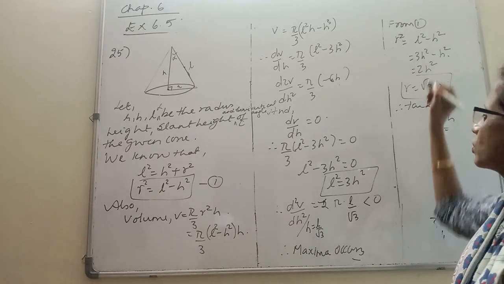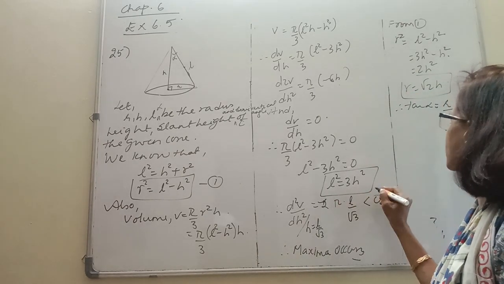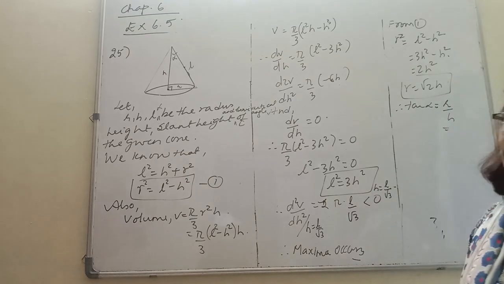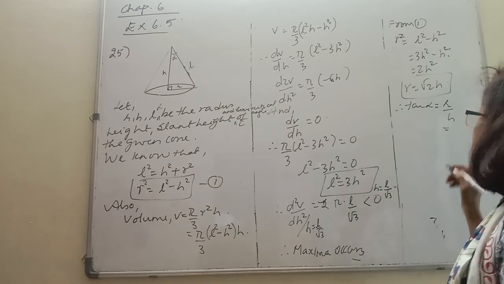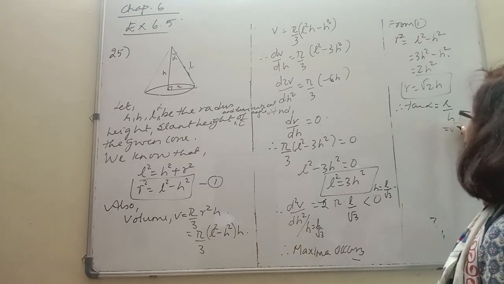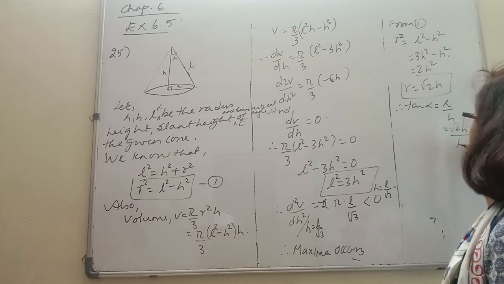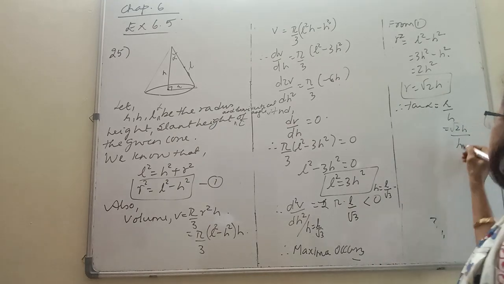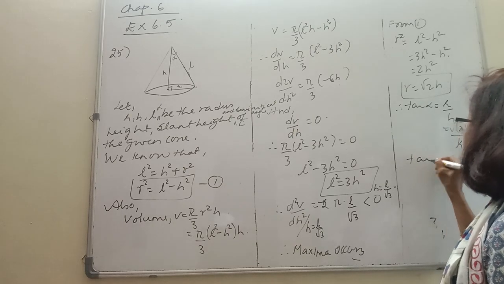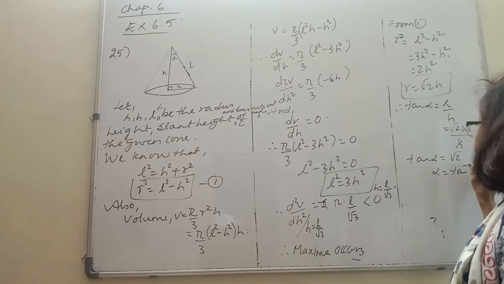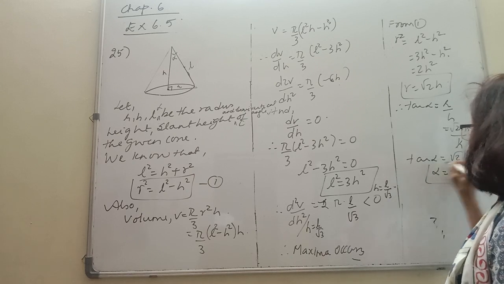Now r we have got, and h is l over root 3. So r over h, with r as root 2 times h, and h let it be as it is. We will not meddle with the h, so they will get cancelled. You get tan alpha equal to root 2, which makes alpha tan inverse of root 2. Hence proved.